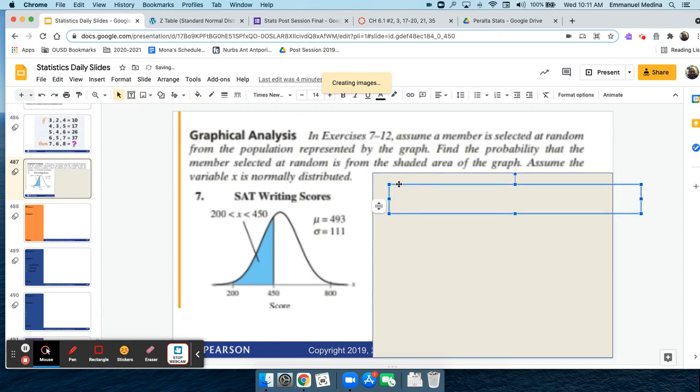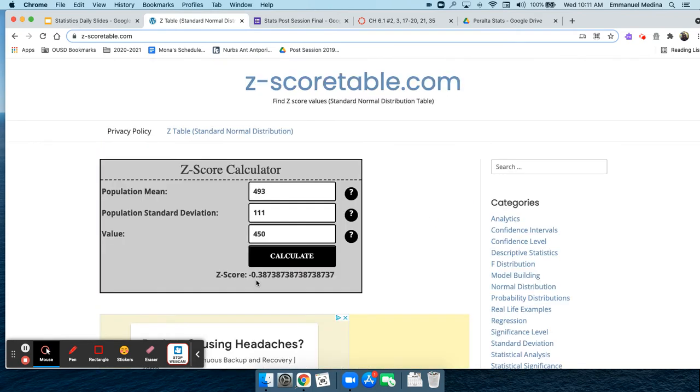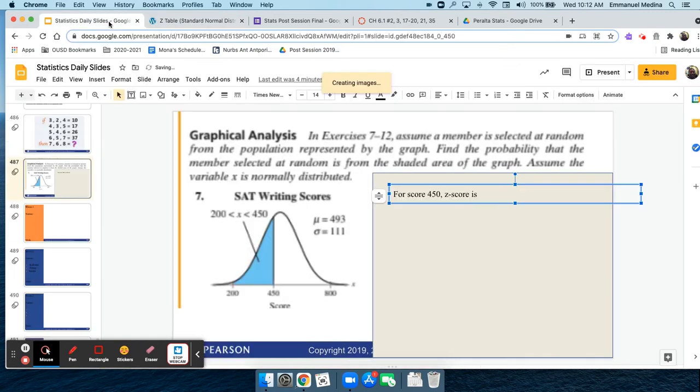So for score 450, that gave us a z-score of, I should have rounded to negative 0.39. Negative 0.39, and then the area left of negative 0.39 is on the table.